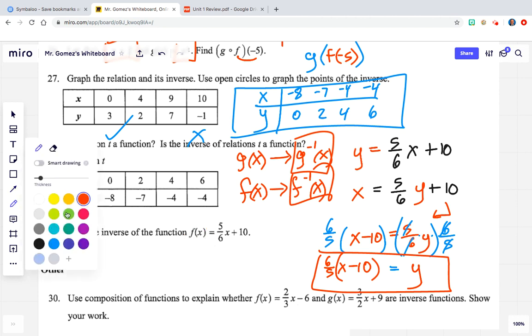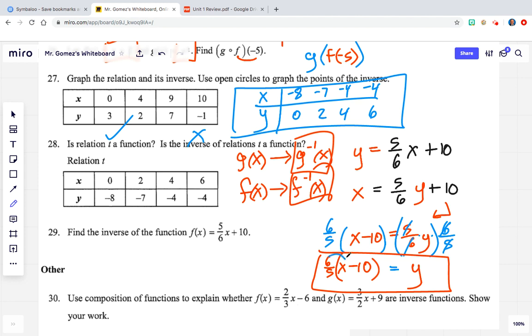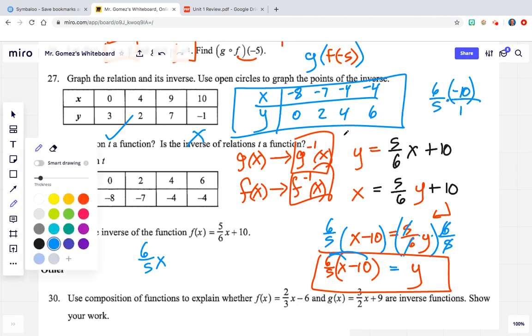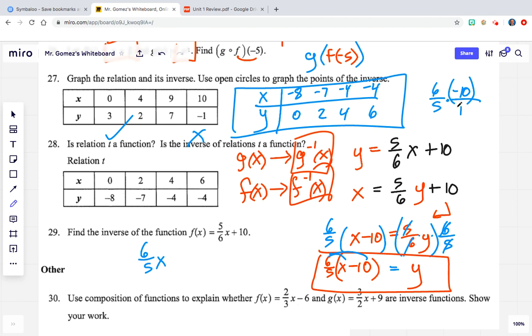So distributing the 6/5 across the x and this 10, we would get 6/5 x. And if I do 6/5 times a negative 10, and I'm multiplying, just understand this to be like over 1, okay? So that you can know that this 10 is in the numerator and the 1 is in the denominator. So now this 10 and 5 will reduce to 2 over 1.